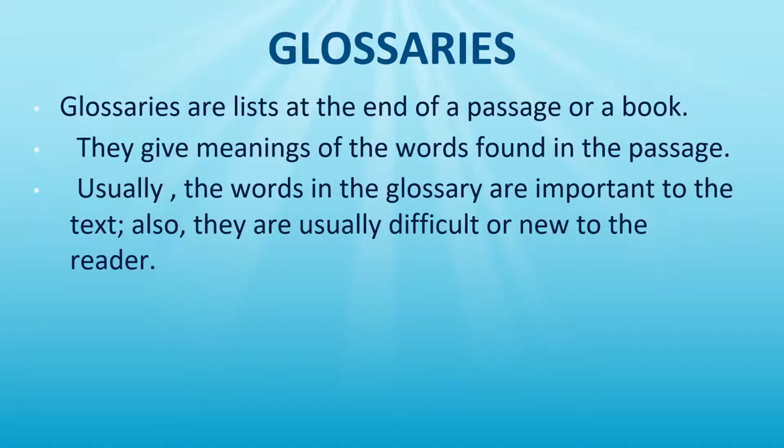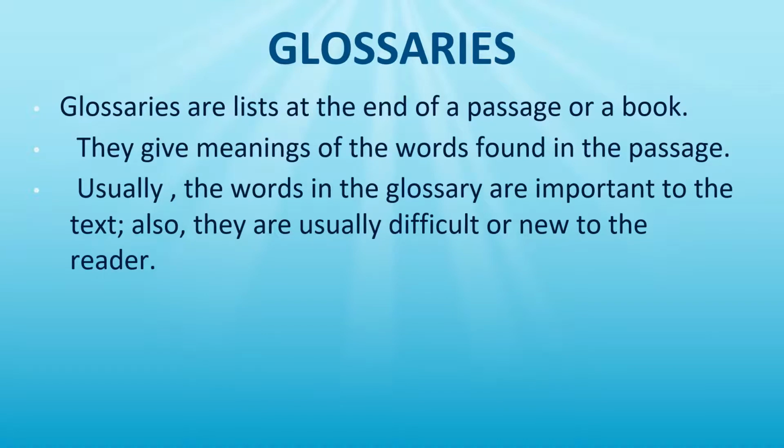Usually, the words in the glossary are important to the text. They are very much important to the text because we are using them in between our passage. Also, they are usually difficult or new to the reader. So, why have they been listed at the end of the textbook? Because it might be new to you. That word might be new to you.